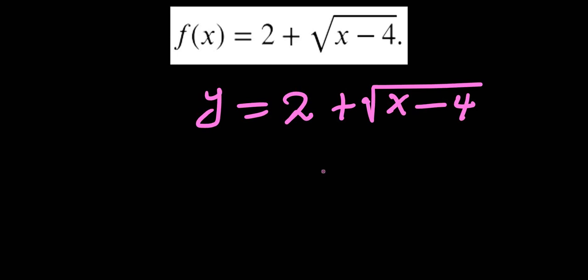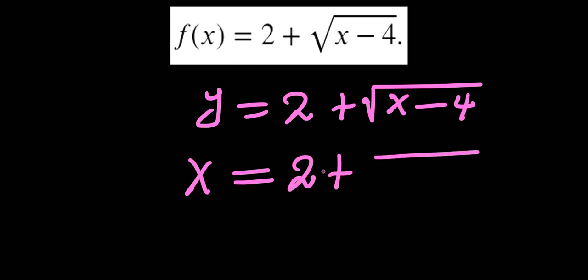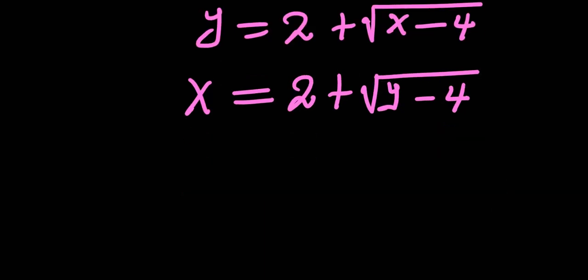So once that happens, we're going to have x is equal to 2 plus the square root of y minus 4. So at this point, we are going to make y the subject of the formula or write the equation in terms of y. So to do that, we are going to subtract 2 from both sides.